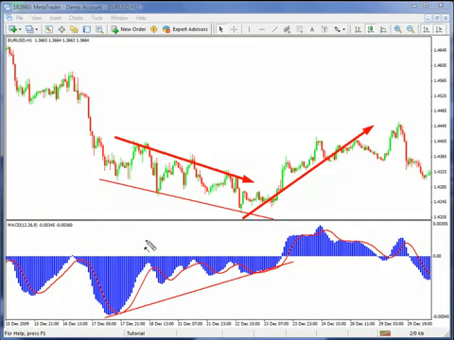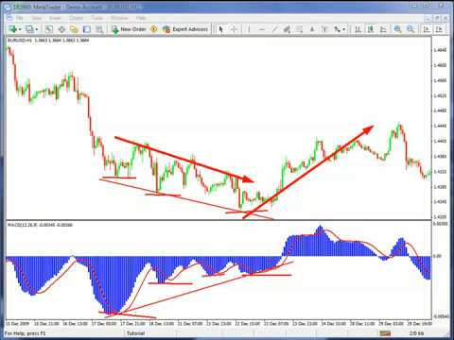So when you see that the market is opposite on the histogram to what the actual trend is doing, remember, this is making higher lows, whereas the actual market is making lower lows. This identifies divergence.